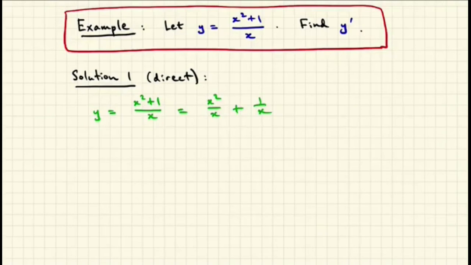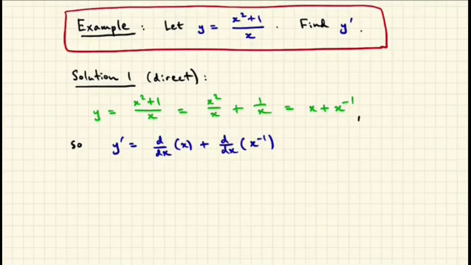The derivative of the first piece is 1, and the derivative of the second piece is minus 1 times x to the minus 2, which becomes 1 minus 1 over x squared, which we can leave as that or rewrite as a single fraction, x squared minus 1 over x squared.